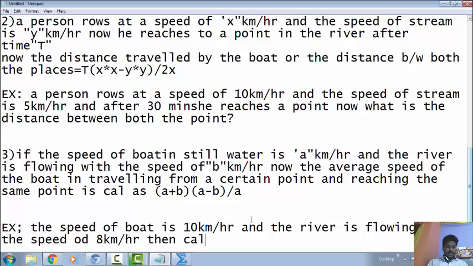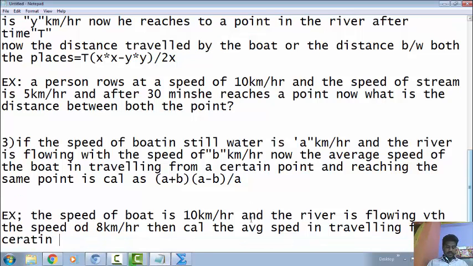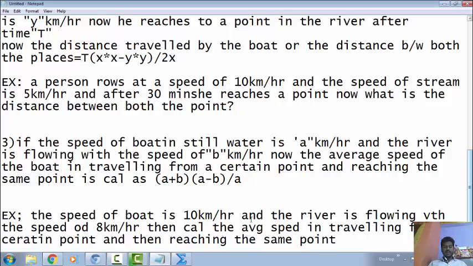Then calculate the average speed in traveling from a certain point and then reaching the same point. Okay, this is the question.